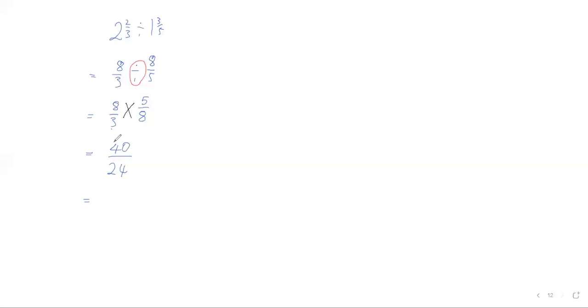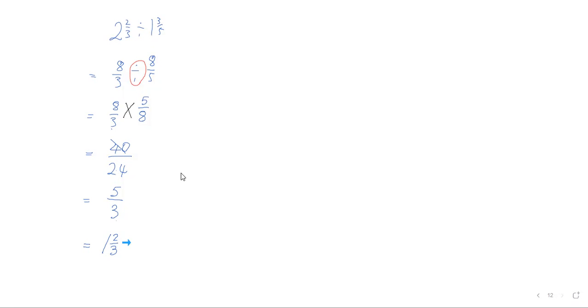But 8 is common here. 8 into 40 goes 5 times. 8 into 24 goes 3 times. That will be 3 into 5 goes once, remainder 2 over 3.